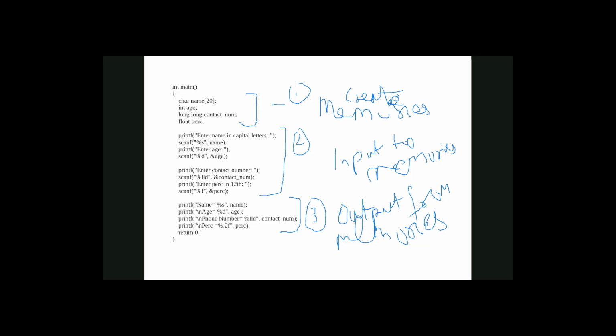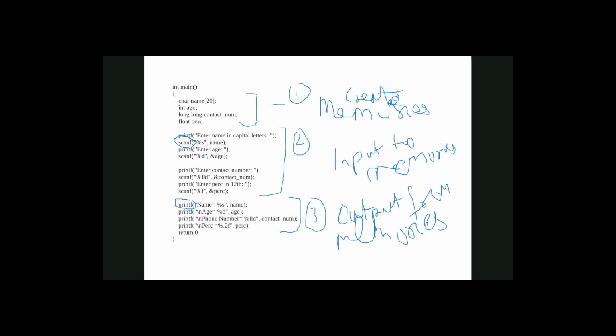Okay, what is the first part? First, create the memories, whatever memories you require. Second, give the input to the memories. How do we give the input to the memories? We give the input with the help of scanf. Scanf is used to give the input, and for the output, we use printf. Printf is used for output and scanf is for input.